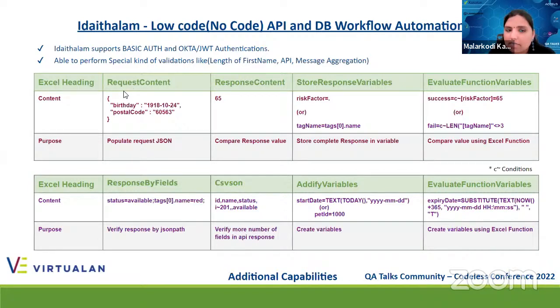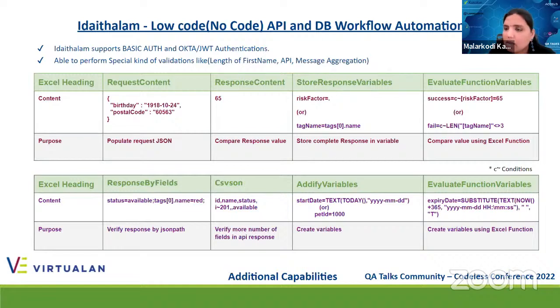That is why we have request content and response content. For example, one endpoint retrieves only one value, like 65 or true or false. Then you can compare that one value using response content.